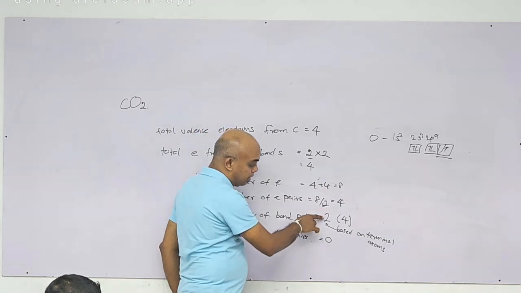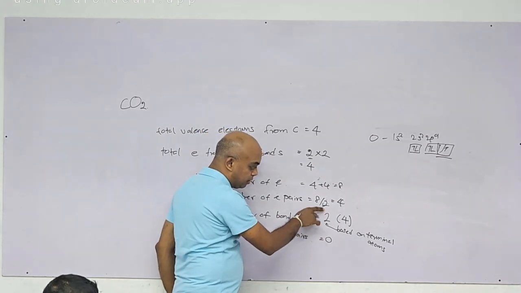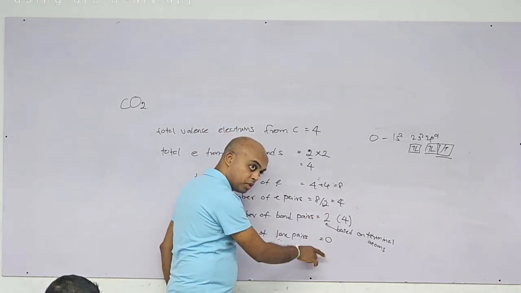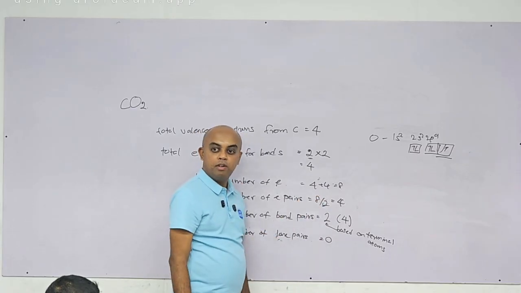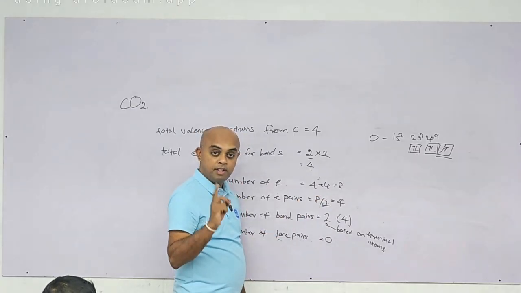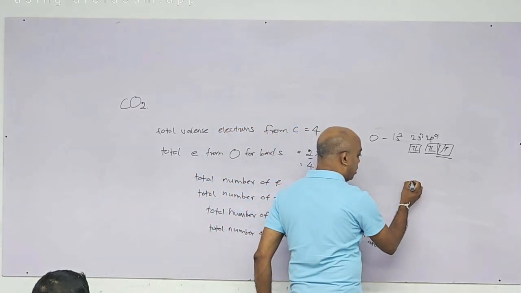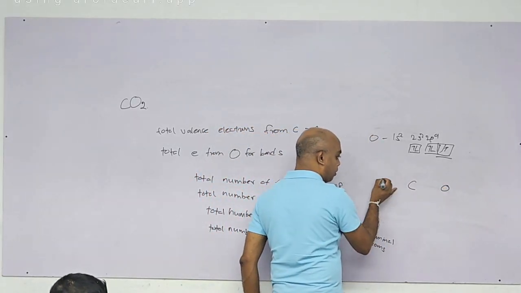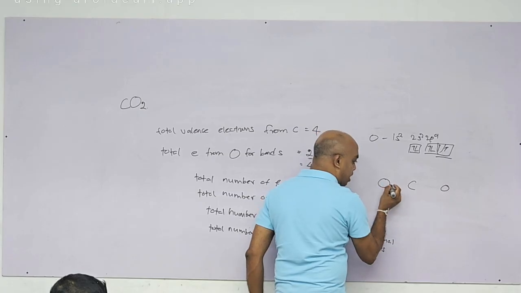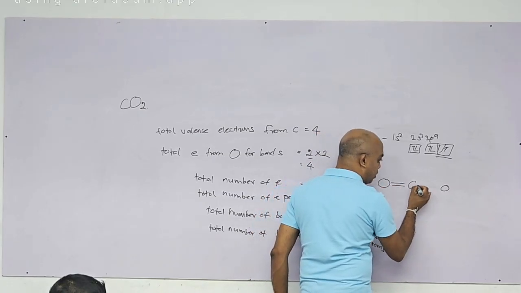What is the shape then? We consider the shape based on this one. What is the shape? 2 0. Linear. 2 0 is linear. But when you are drawing this one, carbon, oxygen, we know we have to allocate a double bond between these two.